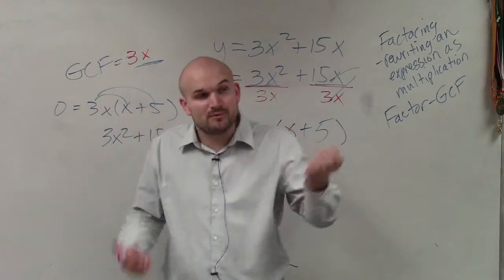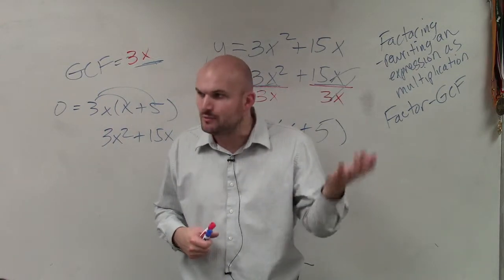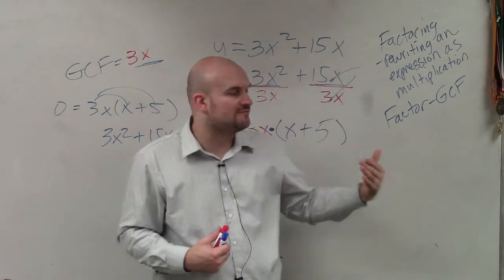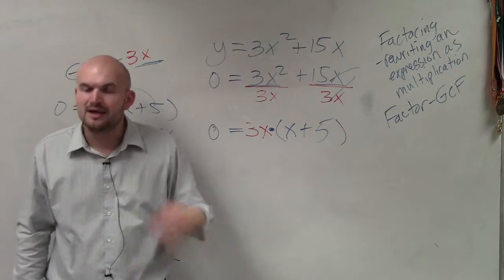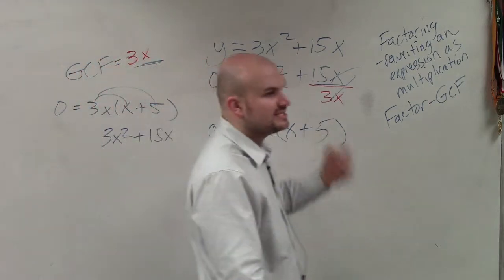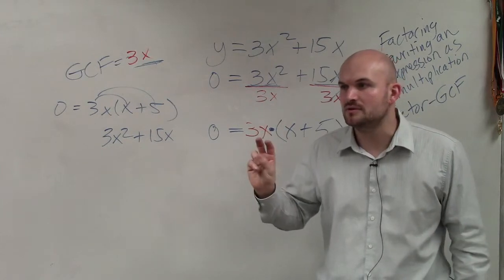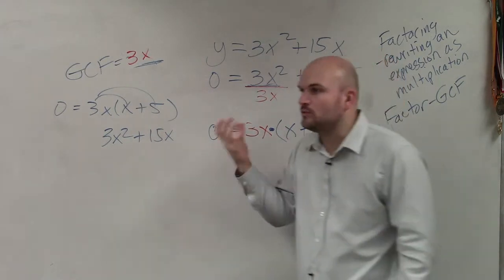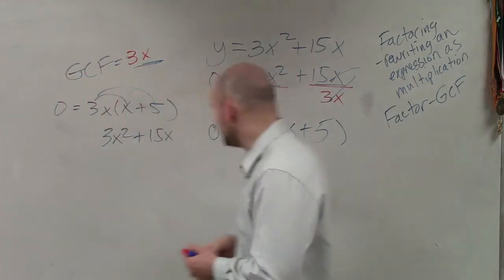Because remember, everything would be easier if we could solve using the square root method. We can't use that method in example 1. We have to use factoring. The reason why is because now we can use the zero product property. What the zero product property states is when you have two numbers that multiply to give you 0, then one of them has to equal 0. The same thing, when you have two expressions that multiply to give you 0, one of them has to equal 0.